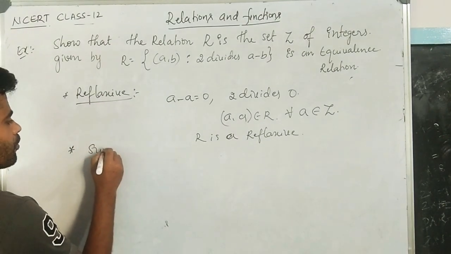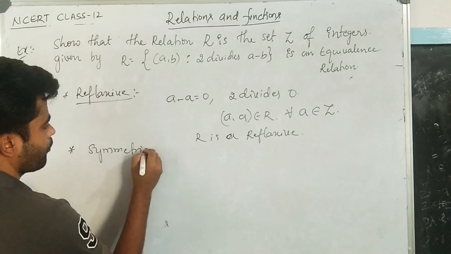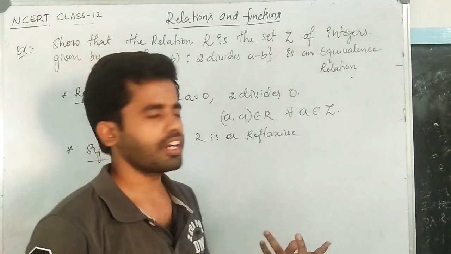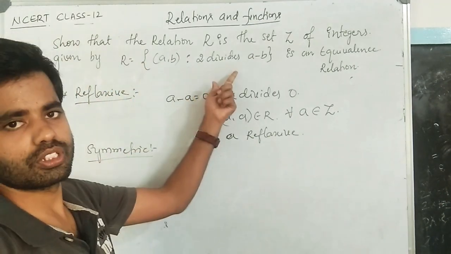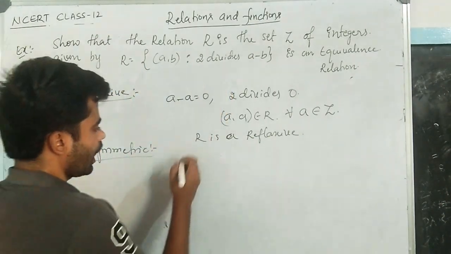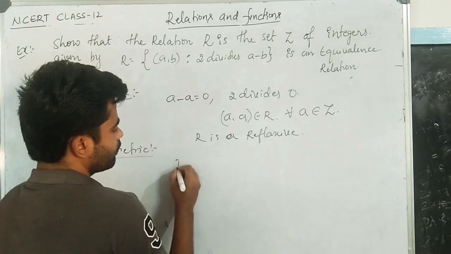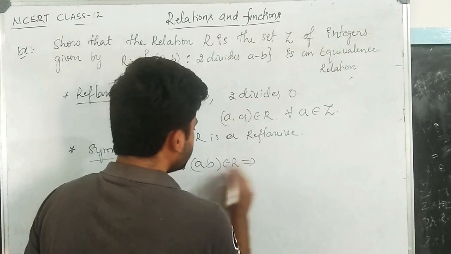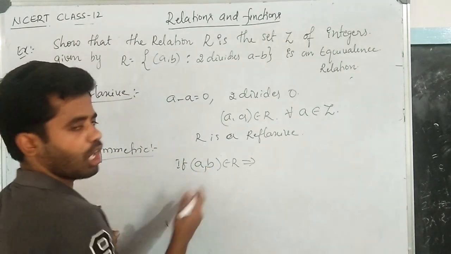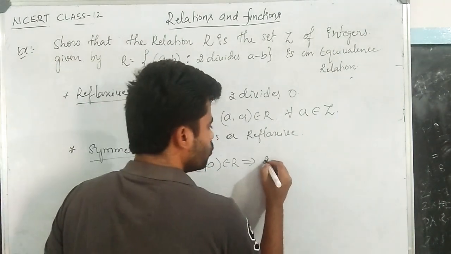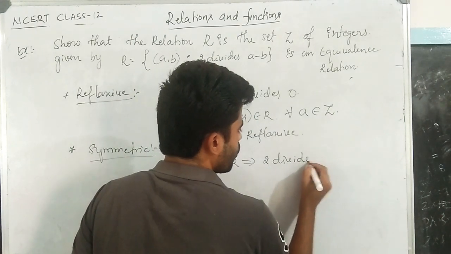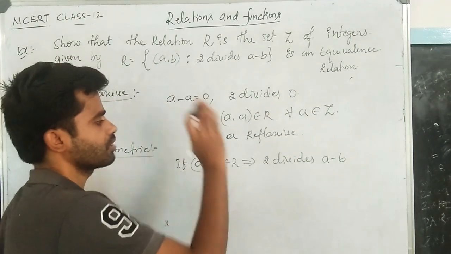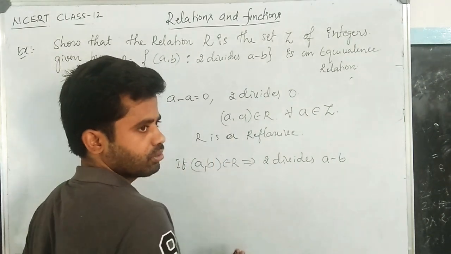For symmetric, I should select one of the ordered pairs and it must satisfy this rule, that it must be in the relation R. For example, if (A, B) is in R, what is the rule? 2 divides A minus B. I said that (A, B) belongs to R means it must satisfy this rule.